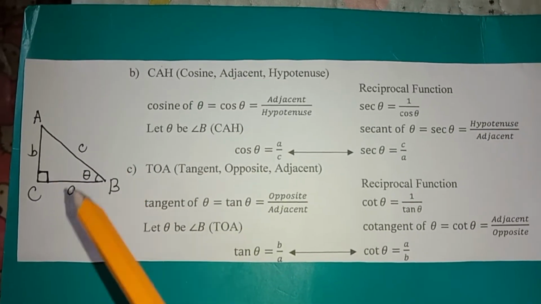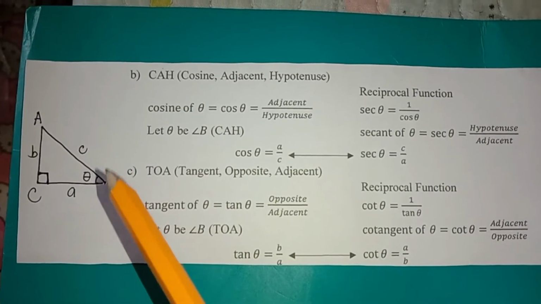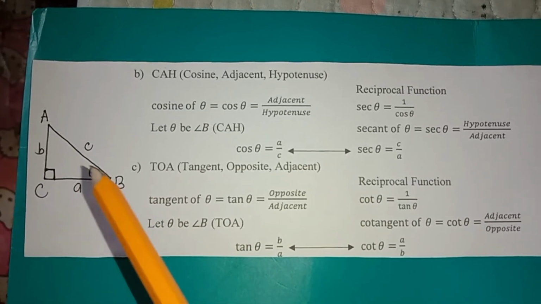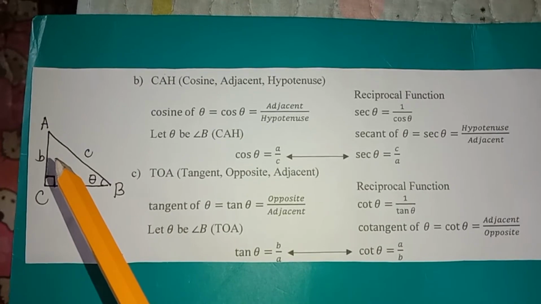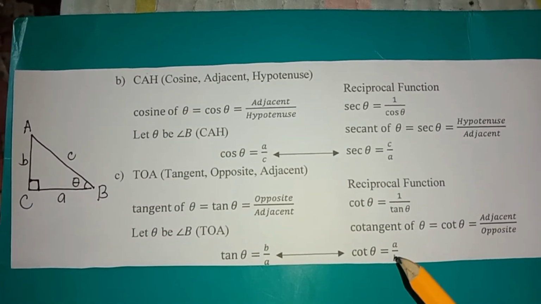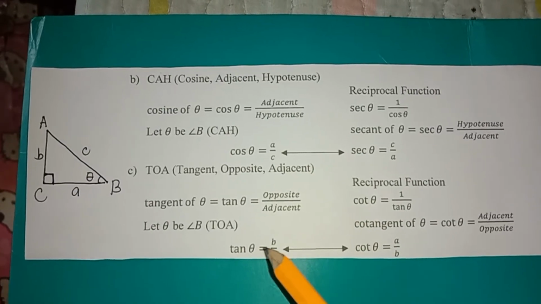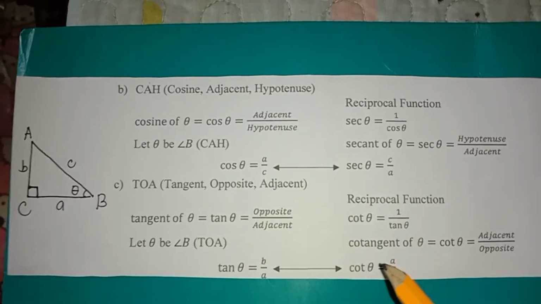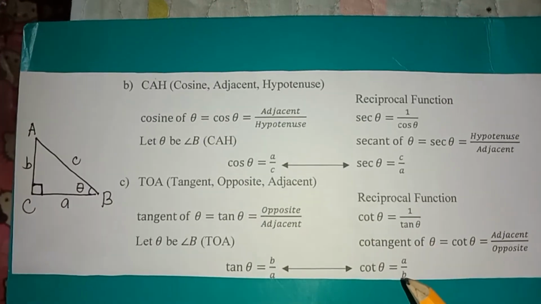Let's have again the reference angle, which is the angle theta or the angle B. So adjacent, which is A, over the opposite, which is B. So cotangent of theta equals A over B. If tangent of theta equals B over A, its reciprocal function formula, cotangent theta equals A over B.